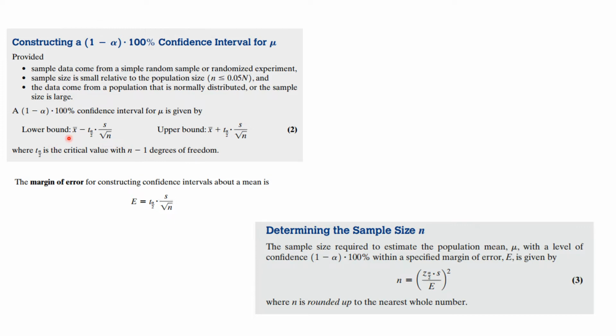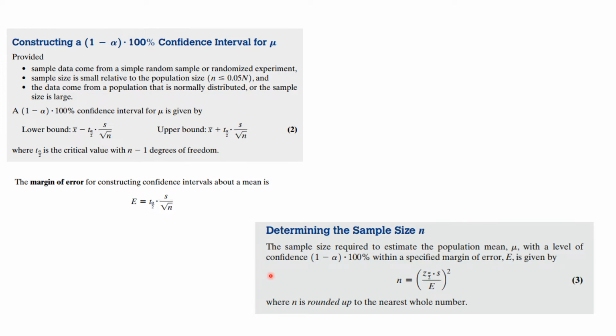That is the lower bound. Again, x bar is in the middle, and this is the margin of error. The margin of error is this expression. So it's x bar minus the margin of error. The upper bound in the confidence interval is x bar plus that critical value times s over the square root of n. So these are the formulas you use to construct the confidence interval upper and lower bounds.